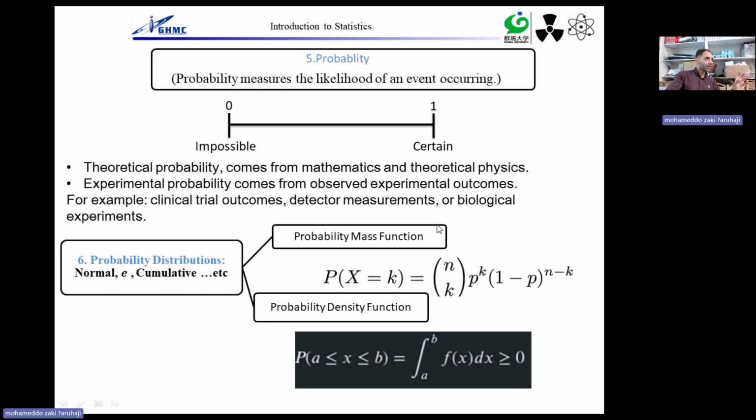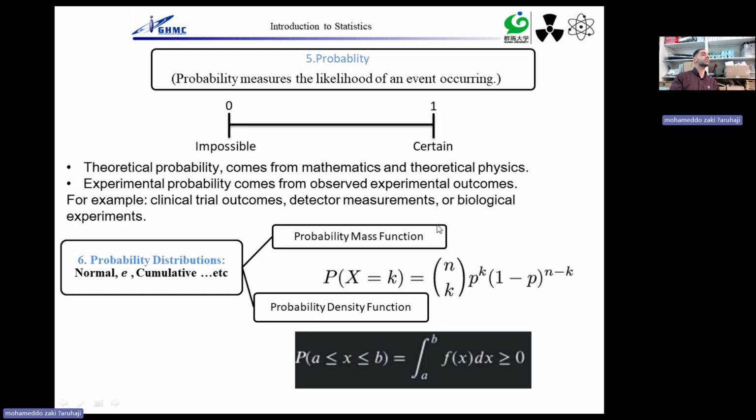We can estimate how likely these things will happen. And probability, basically, is 0 to 1. 0 is impossible, it will never happen. 1, it can happen. Now, I'm not going to go into too much detail. I just want to share that we have two main types of probabilities. One is the theoretical probability, which we can do in mathematics and physics theory.